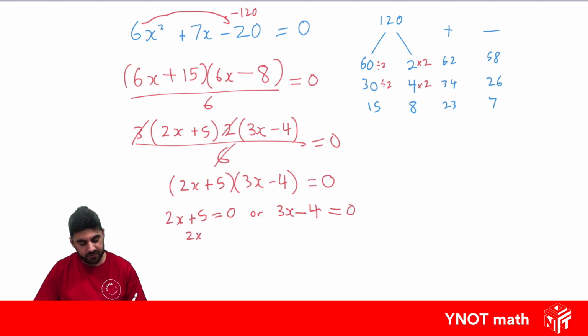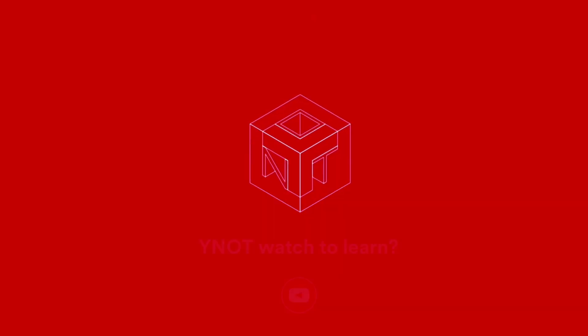We can minus 5 from both sides, then divide both sides by 2, so we get minus 5 over 2. Here we'll add 4 to both sides, then divide both sides by 3, and we get our final answer where x equals minus 5 over 2, or 4 over 3.